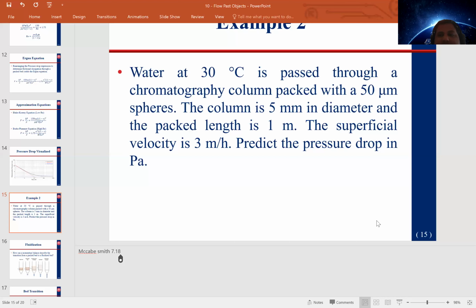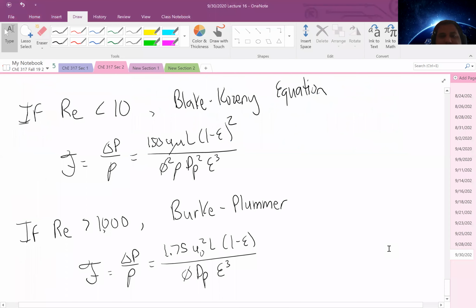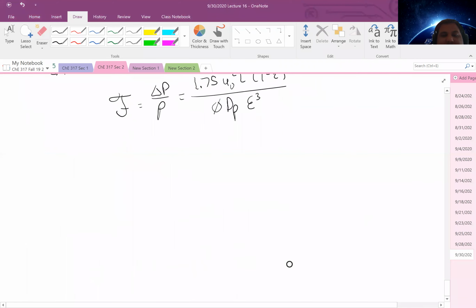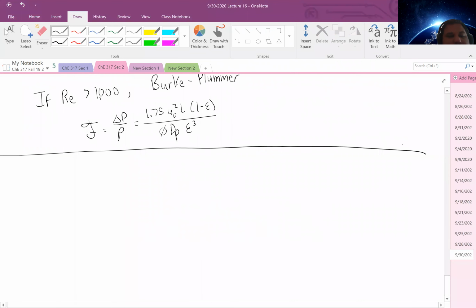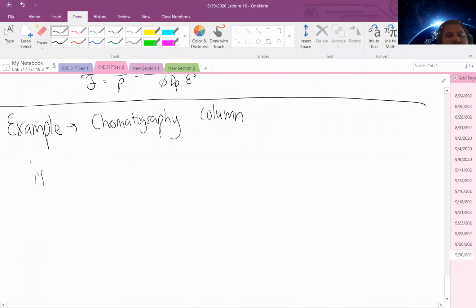All right, so let's jump back to our notes and see if we can set this up. So for the example, we said the water was at 30 degrees.